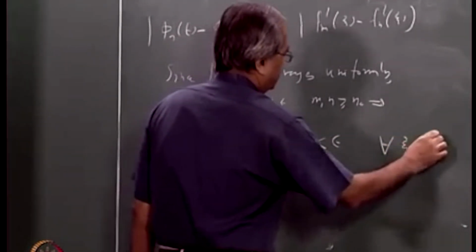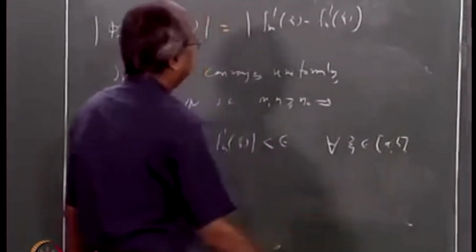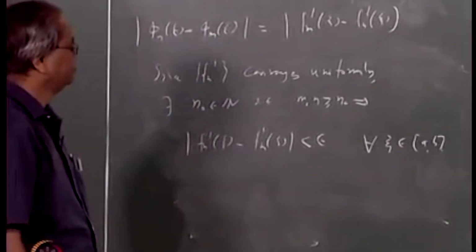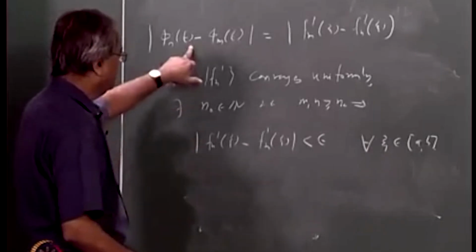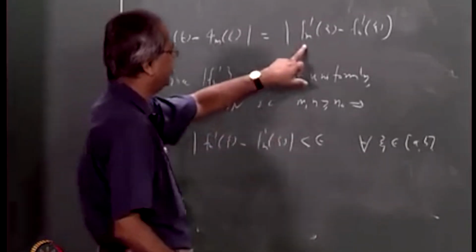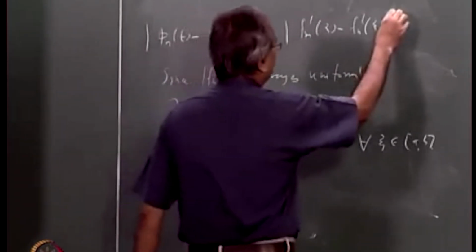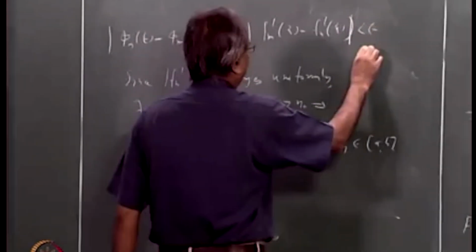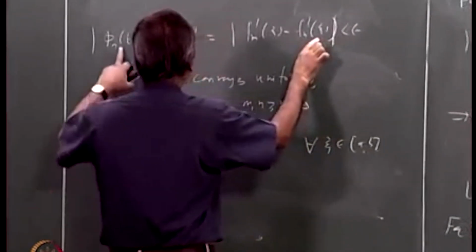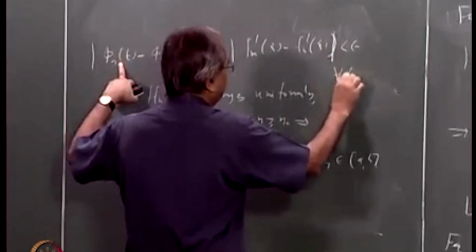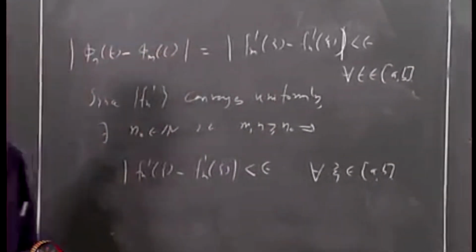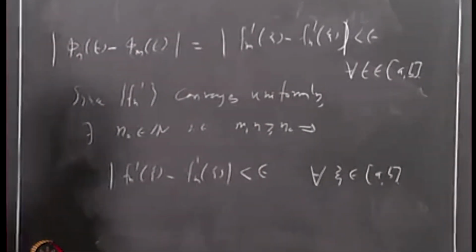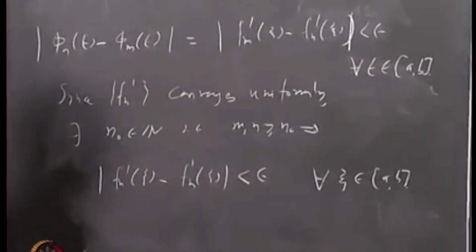That is important, for all xi in AB. So going back here, since this happens for every xi, this is less than epsilon for every t in AB. It is basically an application of the mean value theorem once again.